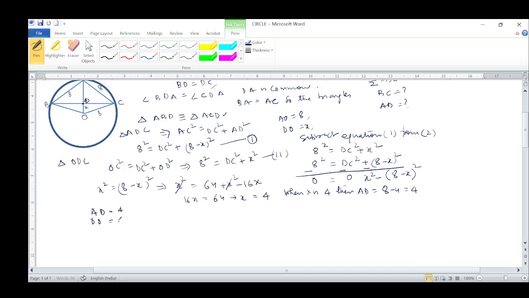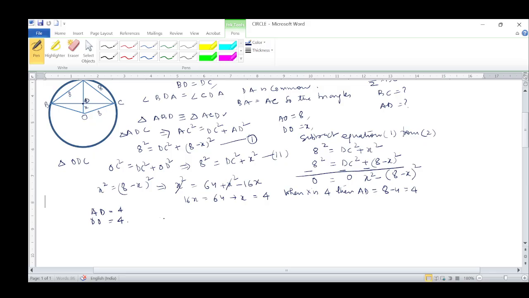DO is equal to 4. So what we have to know is, we know AD, and so we can know this DC also.